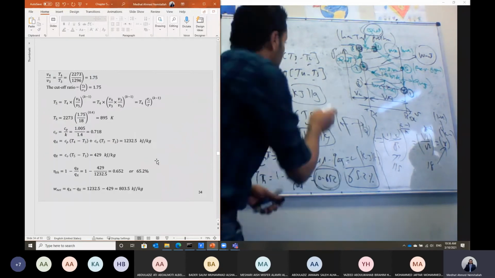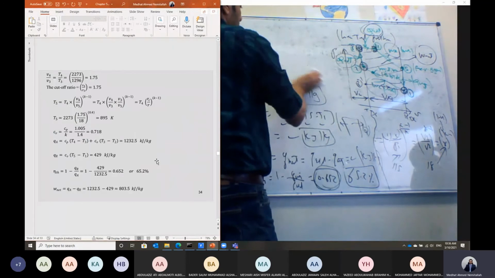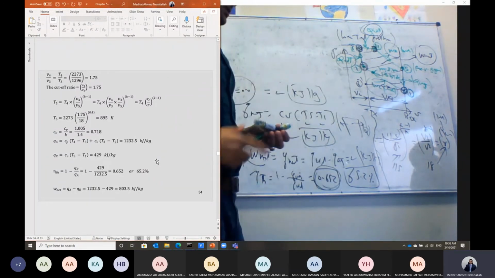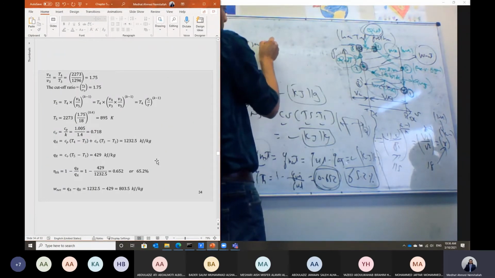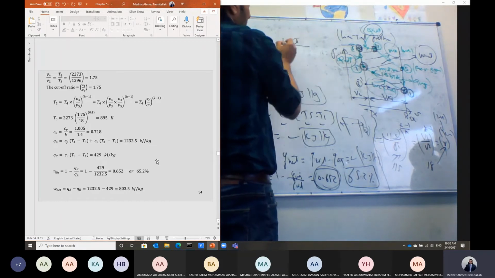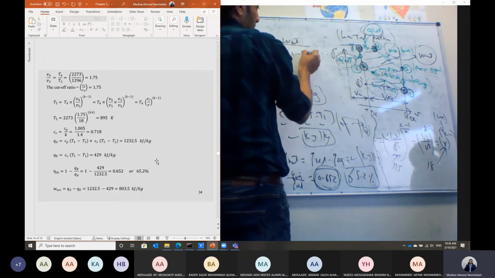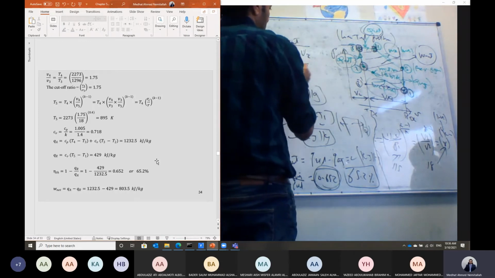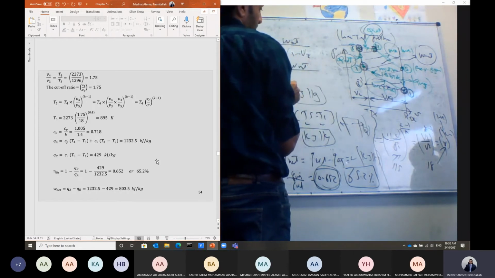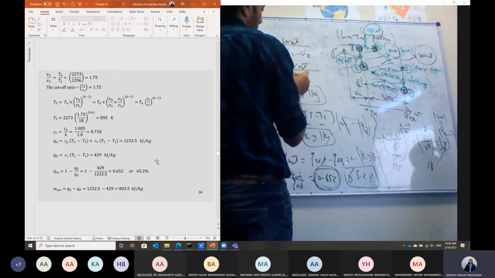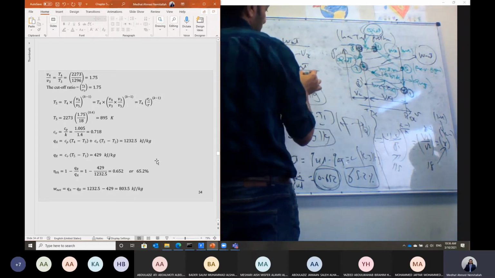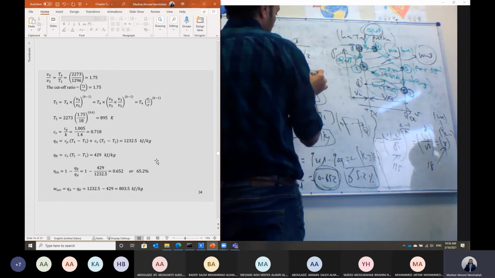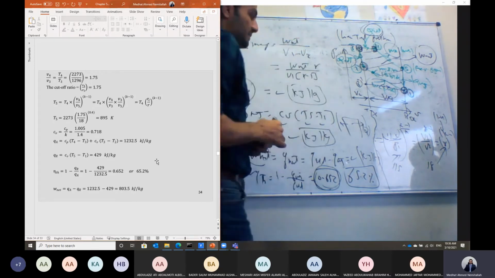Then the indicated mean effective pressure, the last parameter, which is the work net. We have calculated work net divided by the displacement volume, which is V1 minus V2. If we take V1 as common, it will be V1 times (1 minus 1 over r), where r is the compression ratio.